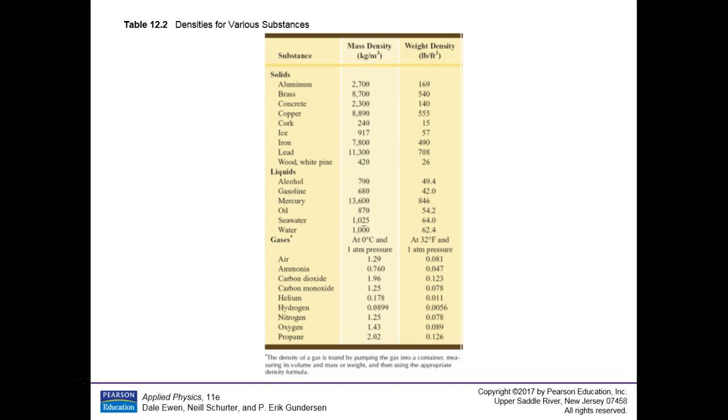Now, let's go to the liquids. We compare everything with water. Alcohol is less dense than water, so it will float. Gasoline is less dense than water, so it floats. That's why when you have an oil spill or a gas spill, that liquid comes to the surface and you get that colored-looking sheen on it.